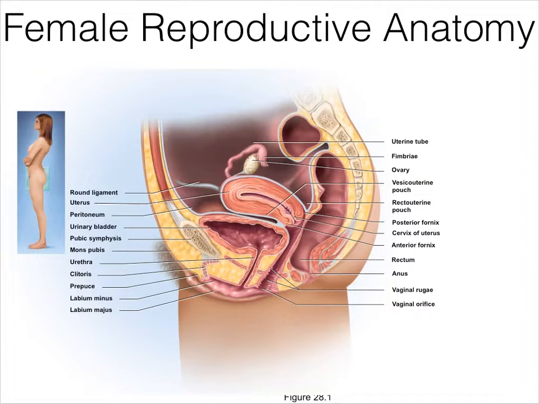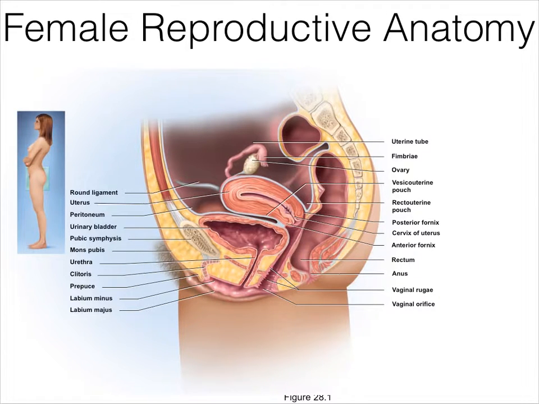Labia minora is probably the more common term for it, which is in turn surrounded by the labium majus or labia majora, which are the inner and outer linings of the vaginal opening that cover sort of the entire genital area. They cover the vaginal opening, the urethral opening that leads to the urinary bladder, as well as the clitoris.